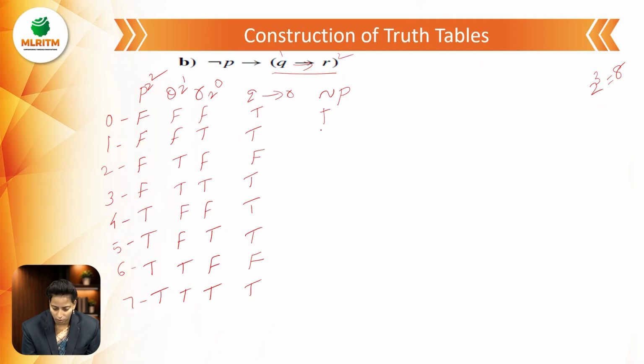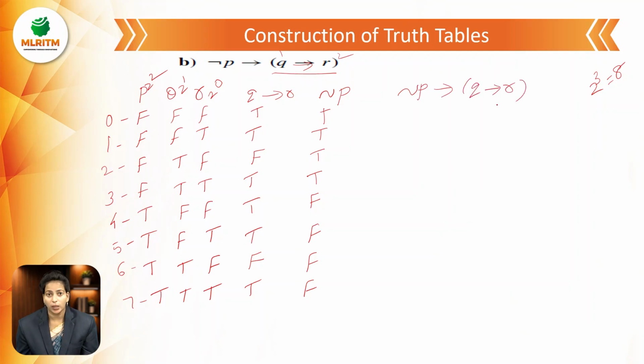True, true, true, true. Here true. False, false, false, false. Okay. Next, apply negation P implies Q implies R. So in this case, the first variable is negation P, the second variable is Q implies R. If negation P is true and Q implies R is false, then only the result is false.